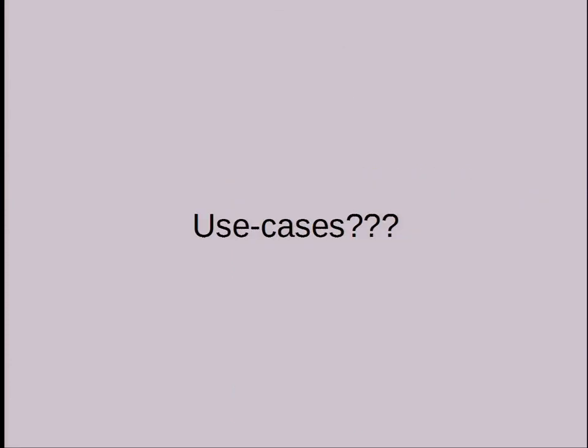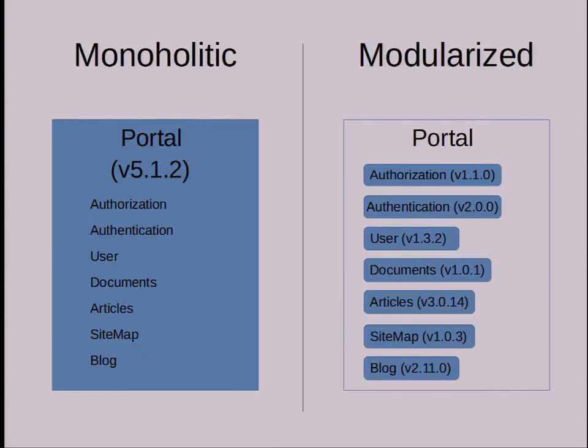make this usable. So we need use cases, why it's good to have this in this way. Normally, you have a portal with all of the tables, the schema in one place. Yes? And you cannot really reuse your features.